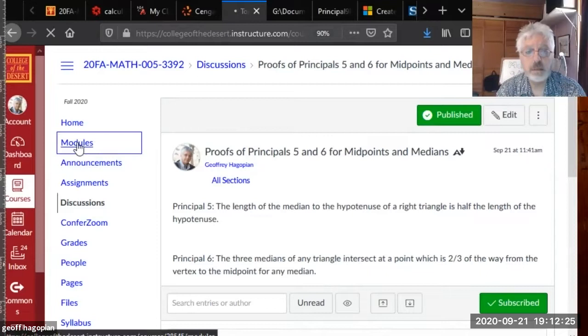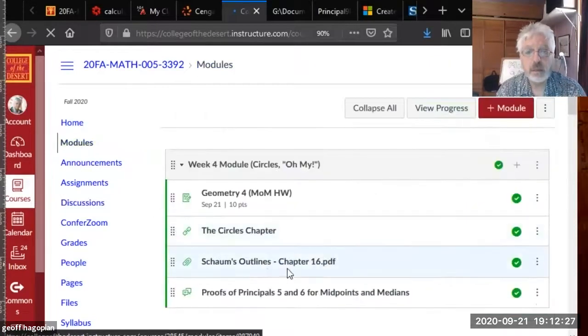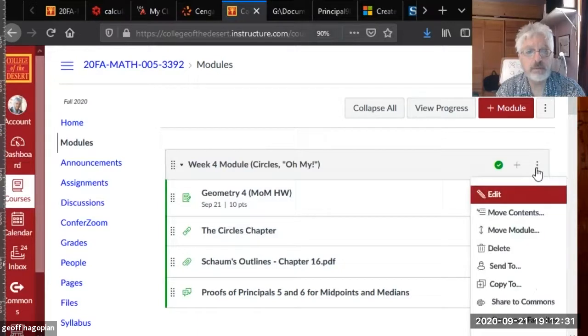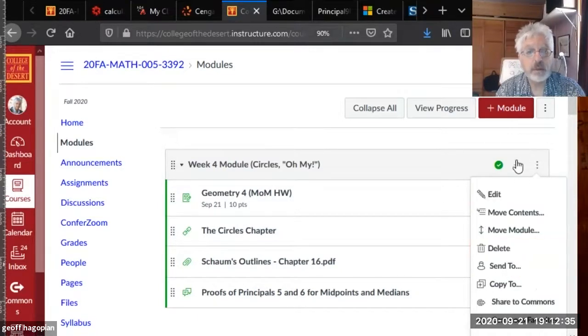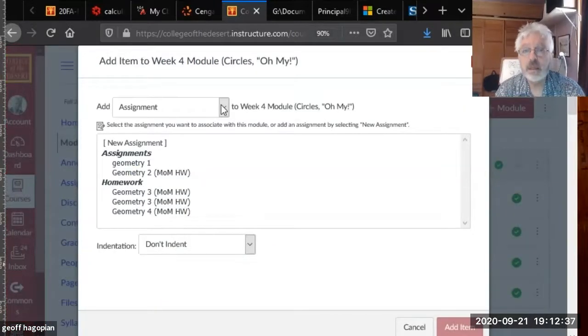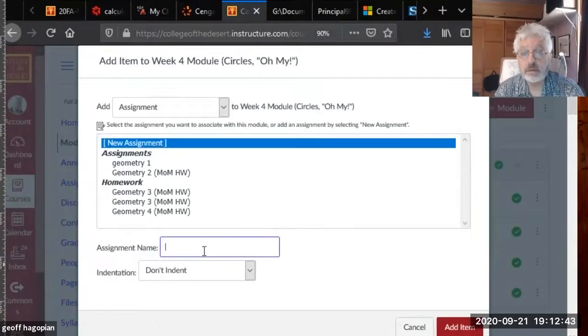So if I go back to here, we have geometry 4, but there should now be geometry 5. So we're going to add an assignment, which is a new assignment. The assignment is going to be geometry 5.